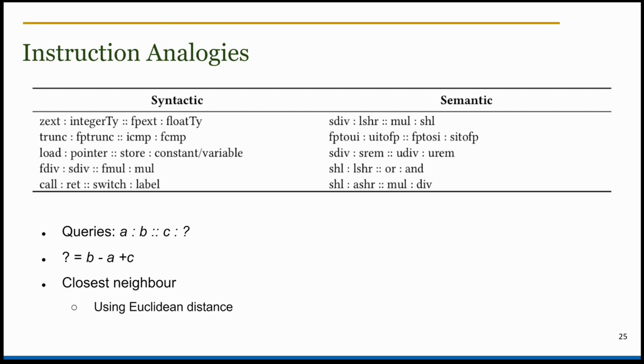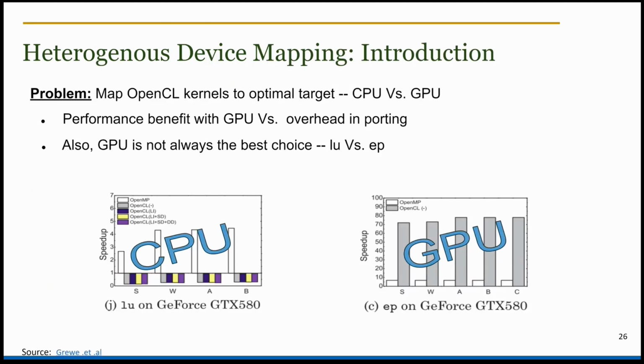Right. So now moving on to the experiments themselves, we had discussed a couple of experiments. One is called heterogeneous device mapping. So here the problem is to map a kernel to an optimal target among CPUs and GPUs.